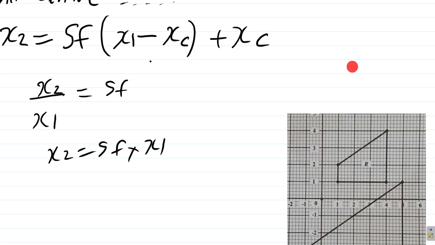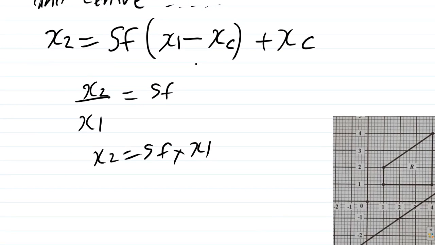And at the center of enlargement, we get x2. This is x2, this is x1, right? So we pass it through to the center of enlargement, multiply by the scale factor, and then add it back to the center. Then what we get is this formula here.